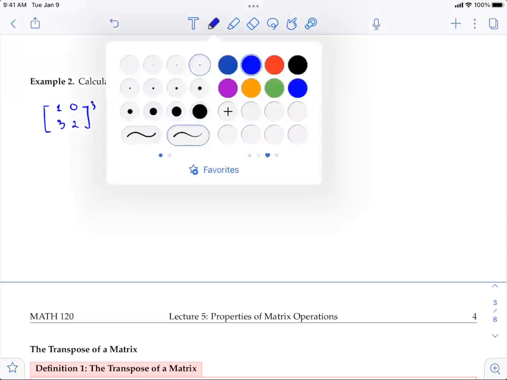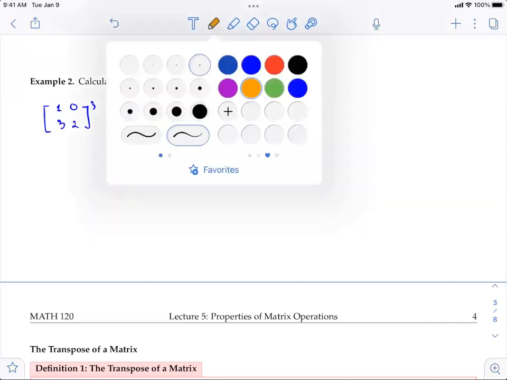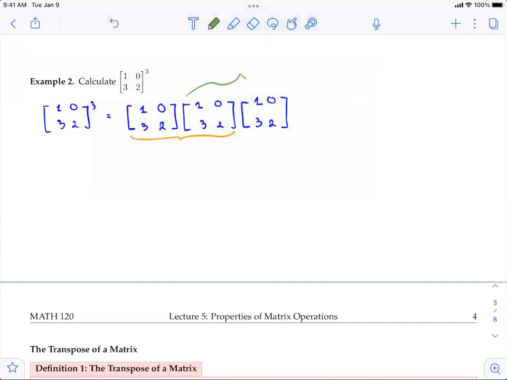You can either start by multiplying the first 2 matrices together and then multiply the resulting matrix with the remaining matrix, or multiply the last 2 and then multiply with the remaining one.